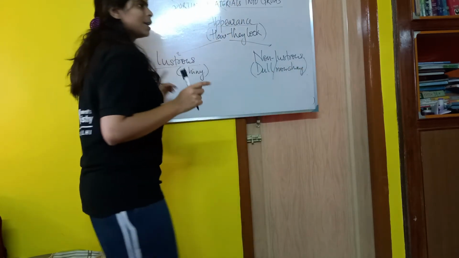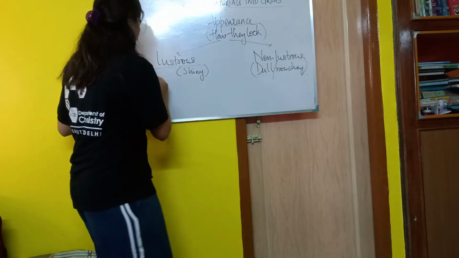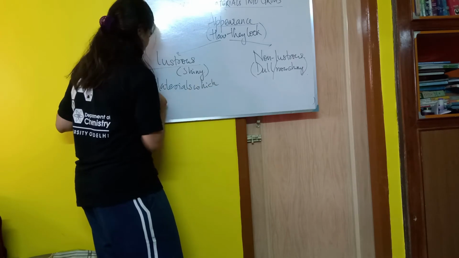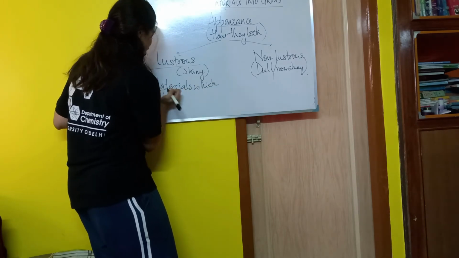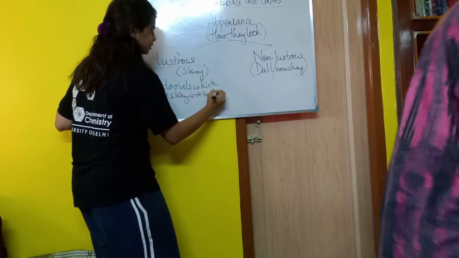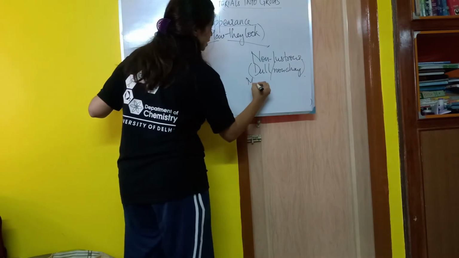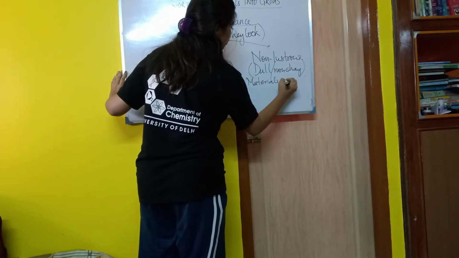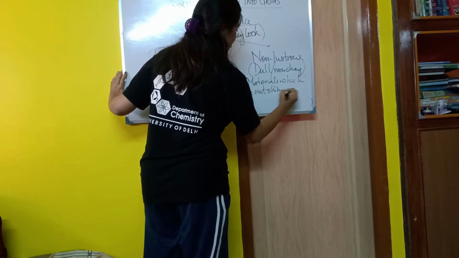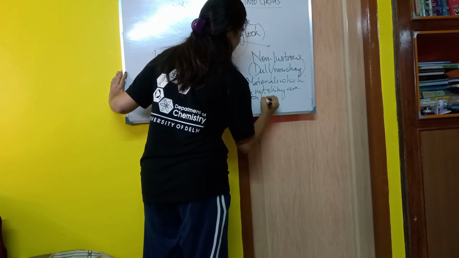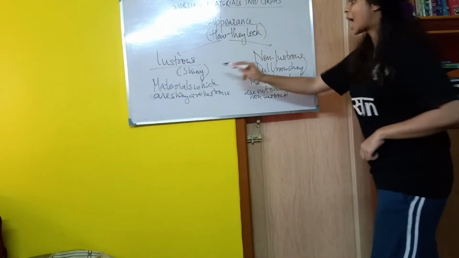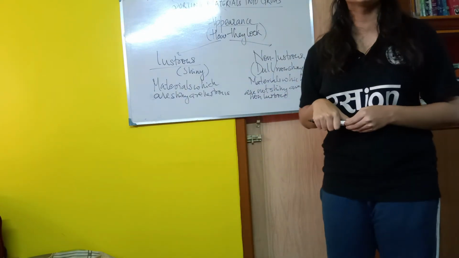The materials which are shiny are lustrous. Materials which are not shiny are non-lustrous, which appear dull. So depending upon shiny and non-shiny, we can group the material.